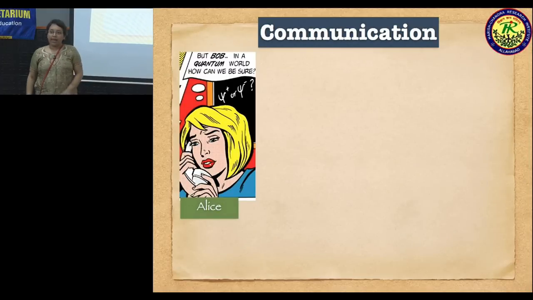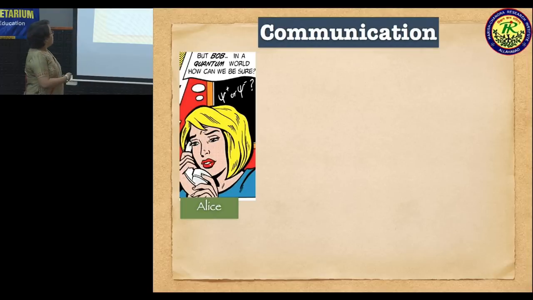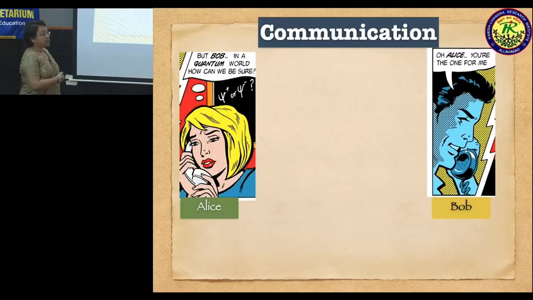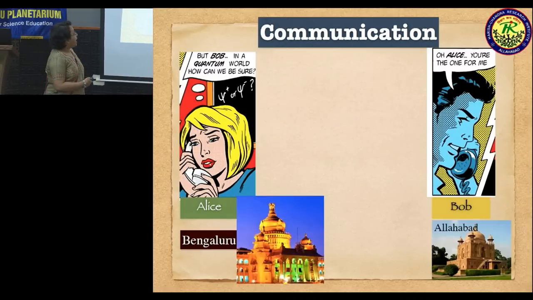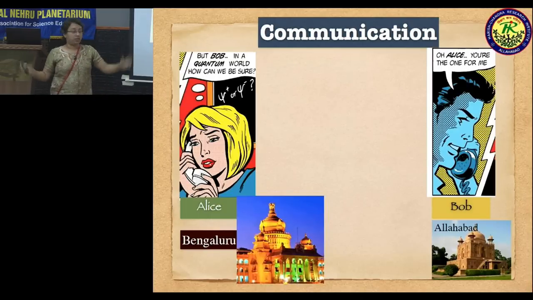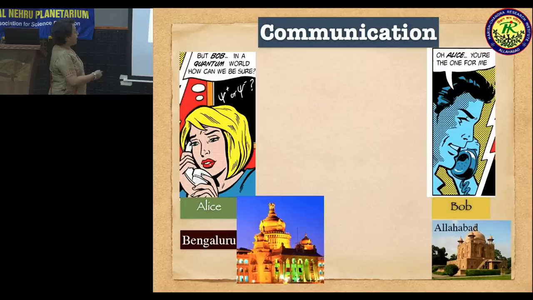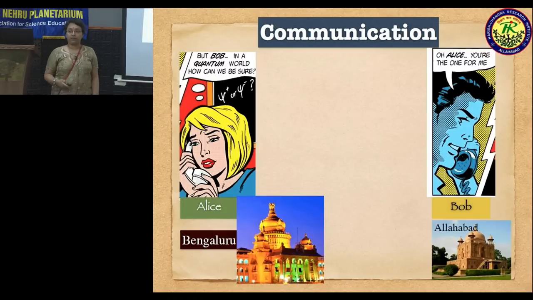Any communication process should involve at least two parties. One is Alice, another is Bob. And they are in two different, distant locations. Suppose Alice is in Bengaluru, and Bob is in Allahabad.